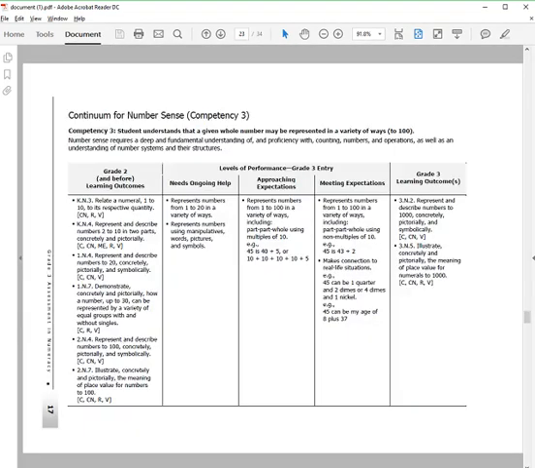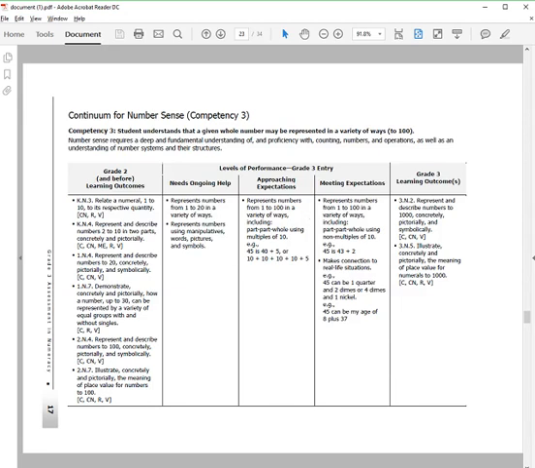Competency 3 has to do with students understanding that a whole number can be represented in a variety of ways. It's about breaking numbers down either with manipulatives, in number sentences, or with money. If they can't do numbers to 100, but for example they can do numbers from 1 to 20, they definitely need ongoing help.